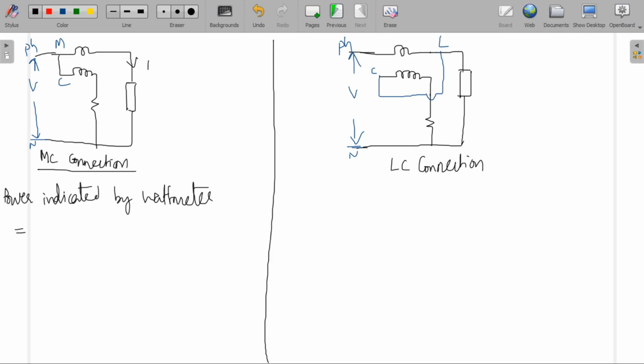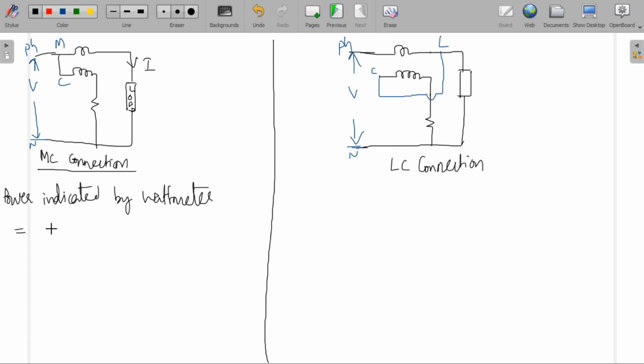This is the load. Let I be the current flowing to the load. You're going to get the voltage drop across this current coil.